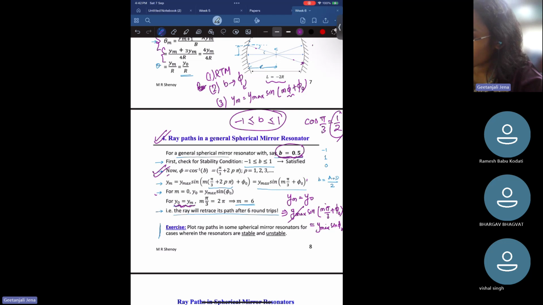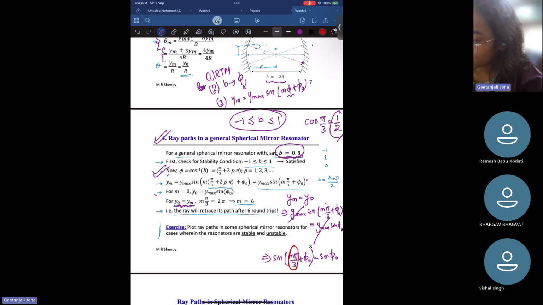The y max terms cancel out, so the equation that remains is sine of m pi by 3 plus phi 0 equal to sine phi 0. This indicates that this term must be an integral multiple of 2 pi.